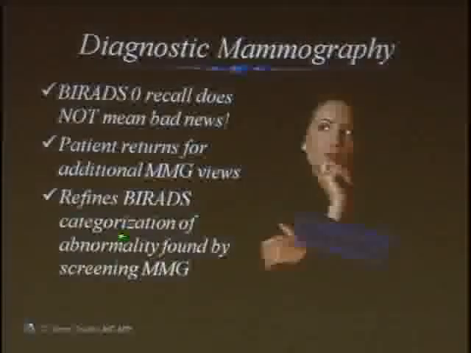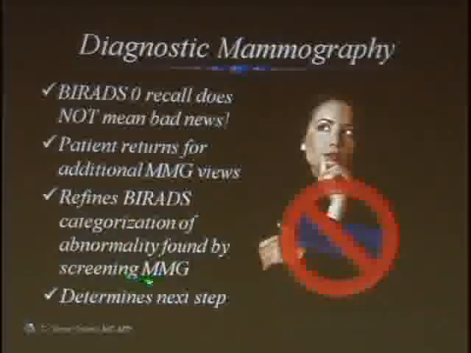Tell them to trust that we're going to try to give them a good answer. It defines the BI-RADS categorization of the abnormality seen on screening mammogram. It takes the guessing out of what we're talking about, and it determines the next step. This, you must understand, the system is stepwise. Encourage your patients to believe in it. It's well tested and it works.